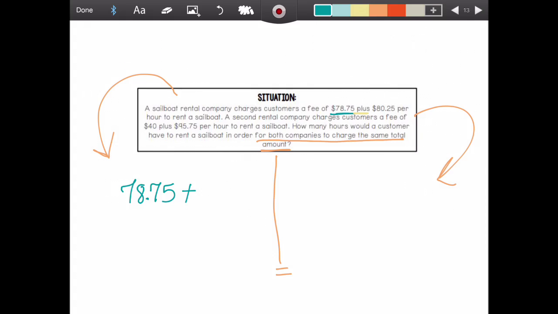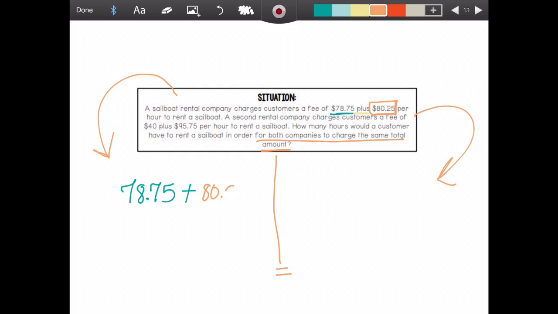And it says plus $80.25 per hour to rent the sailboat. Whether you rent it for 1 hour or 5 hours, each hour is going to cost us $80.25. So the $80.25 is our coefficient.